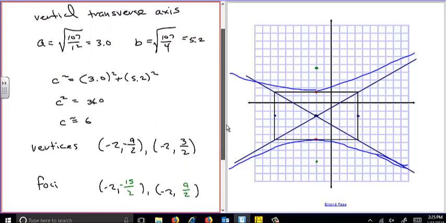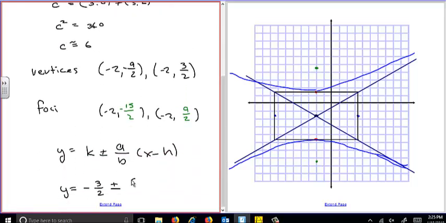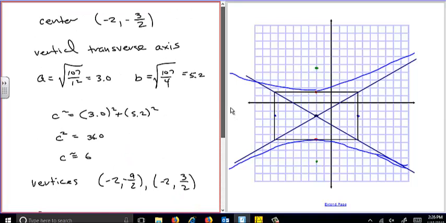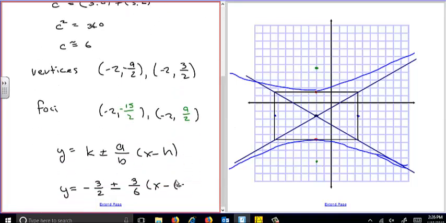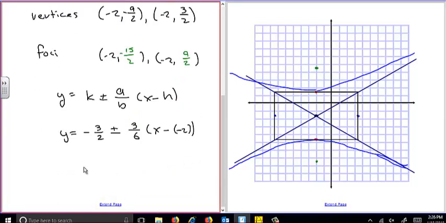A is 3 divided by b, which is approximately 6, times x minus h. H is -2. So you get y is equal to -3/2 plus or minus 1/2 times x plus 2. So that's the equation for the two asymptotes.